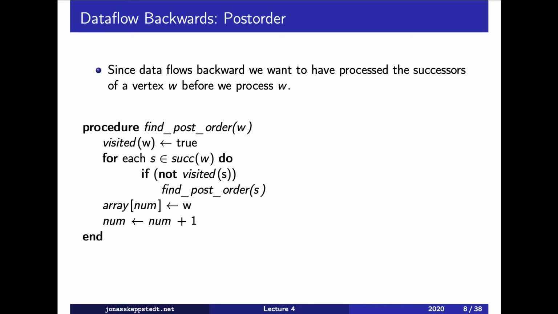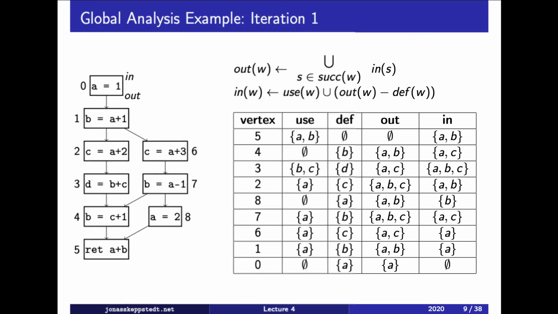So what we do is to use an array, and we put the vertices in post order. So we use this num, and well, we put them in this order. And then we can make this algorithm somewhat faster.